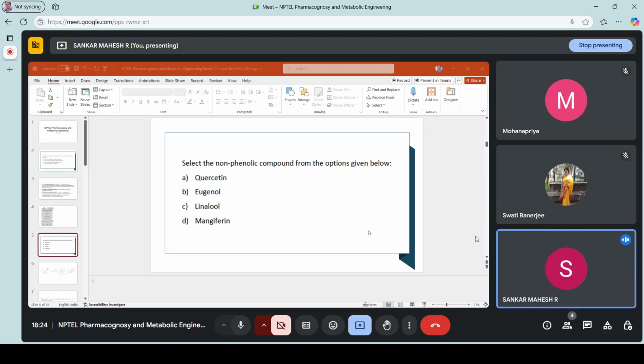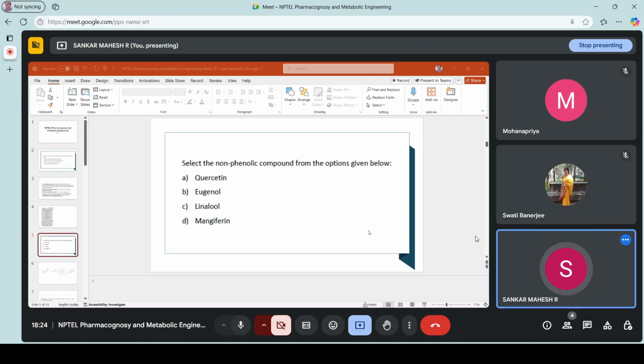Yeah, Swati. So we have just started discussing. This is the second question that we are discussing. The question is: select the non-phenolic compound from the options given below. Quercetin, eugenol, linalool, and mandroferin. I was just giving a hint based on what we had discussed in the past 2 weeks on the different classes of compounds.